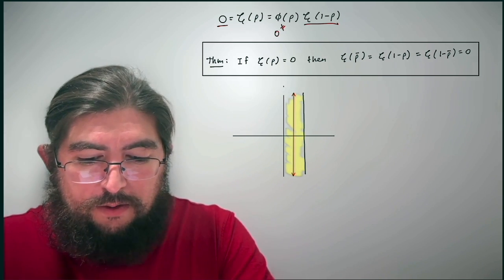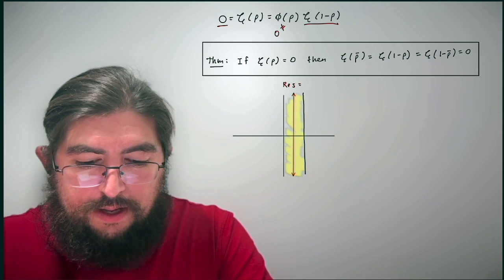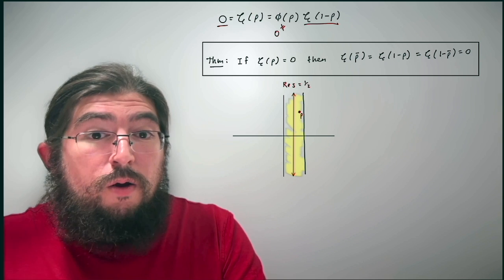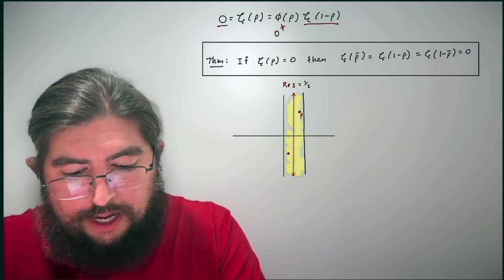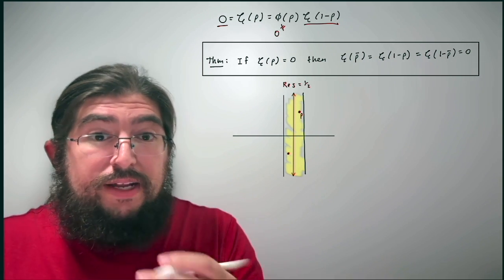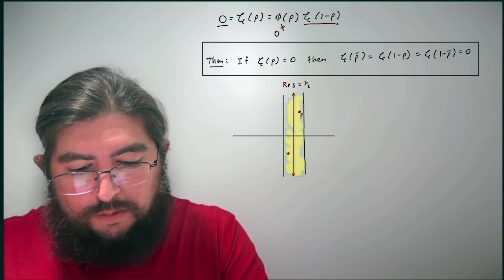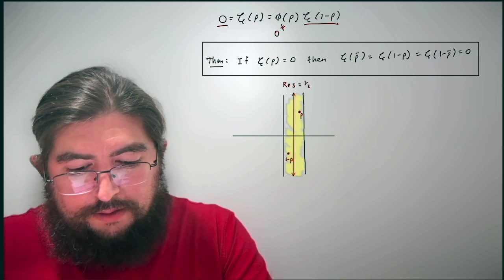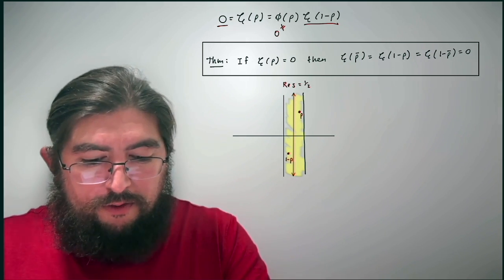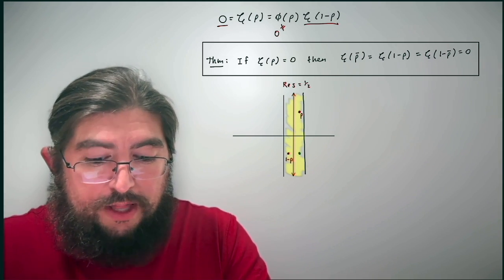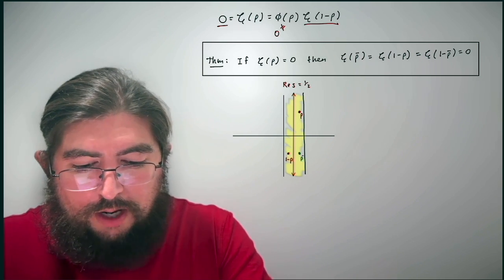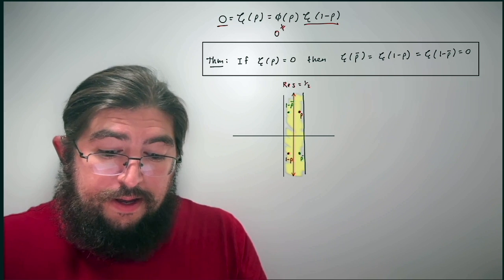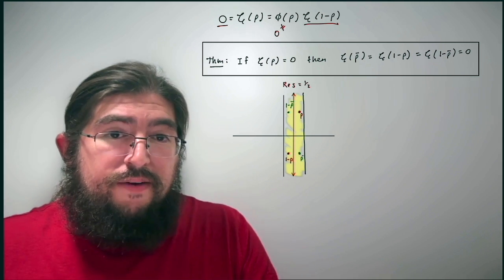So if you have a zero rho, 1 minus rho ends up being here on the opposite side, reflected over the real part of s equals 1/2. So this is 1 minus rho. And the conjugates are just flipping over the x-axis, or the real axis in this case. So there's rho conjugate, and this is 1 minus rho conjugate. Perfect. So that's a visualization of these four known zeros.